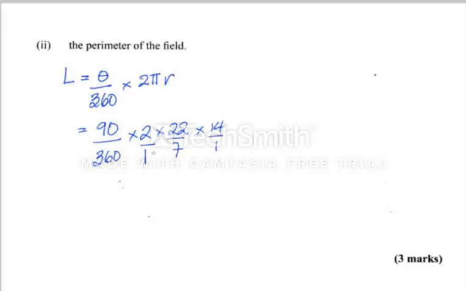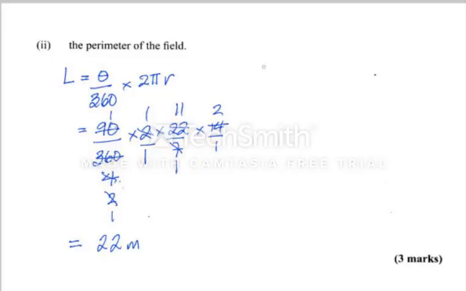Again, the radius is half of the diameter. Since the diameter is 28, the radius is 14. 90 goes into 360 4 times. 2 cancels this 2, and this 2 cancels this 11. And so 7 into 14 is 2. So the length L is equal to 22 meters.